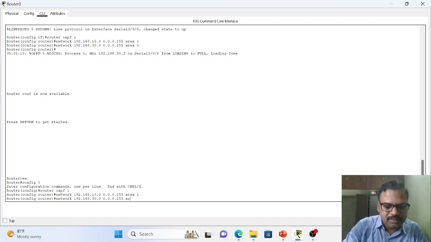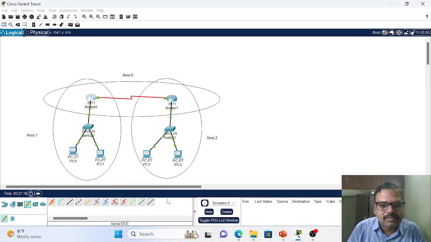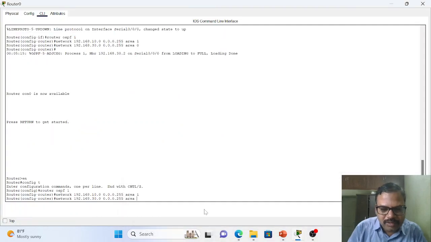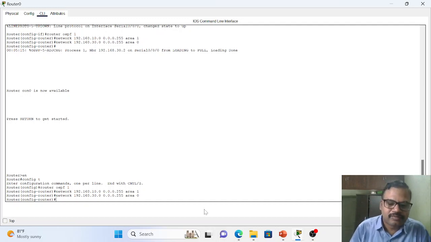So the wildcard is 0.0.0.255. Now what is the area? You may see, area 0. So we have to specify area 0. Now the configuration settings are over in router 0.